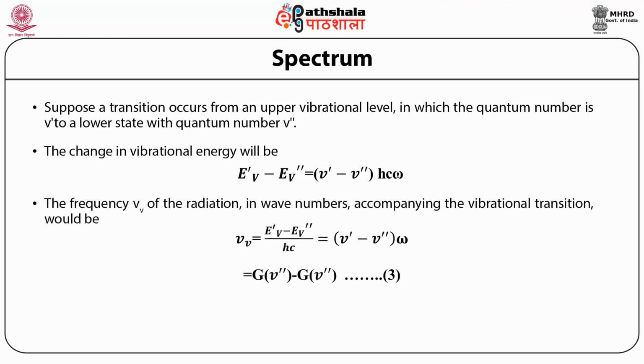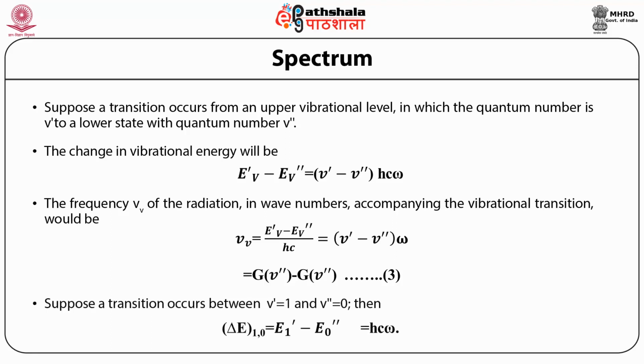The frequency ν of the radiation in wave numbers accompanying the vibrational transition would be ν = (E_ν' − E_ν'')/hc = (ν' − ν'')ω, which is equal to G(ν') − G(ν'').